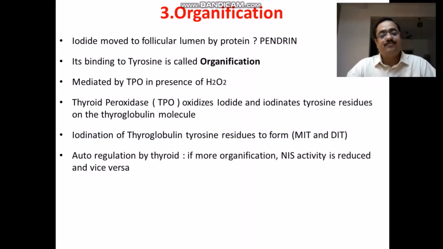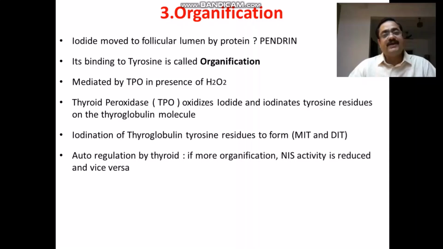This iodide moves to the follicular lumen by pendrin, and it binds to tyrosine. This is called organification, mediated by TPO in the presence of hydrogen peroxide, H2O2. This thyroid peroxidase, that is TPO, oxidizes iodide and iodinates tyrosine residues on the thyroglobulin molecule.